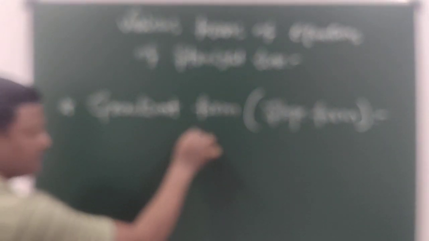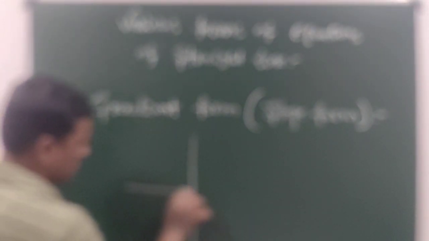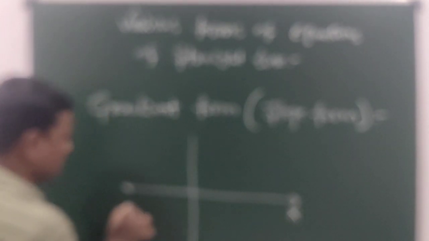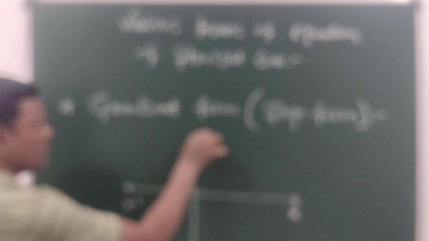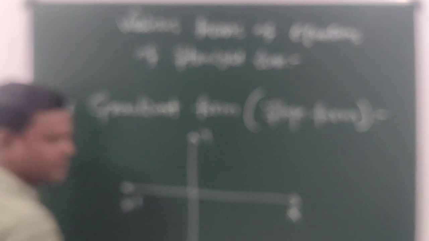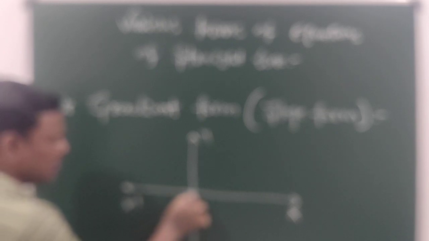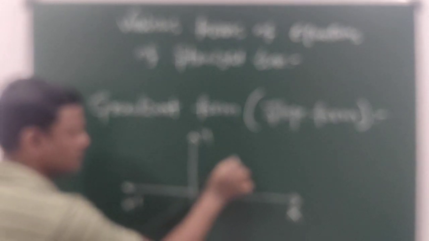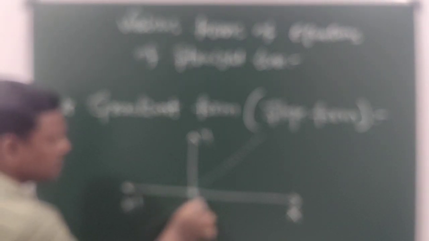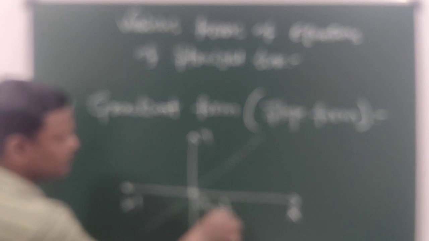See, consider this Cartesian plane, x dash, y dash. Here I am taking one locus, group of points. This group of points passing through origin.